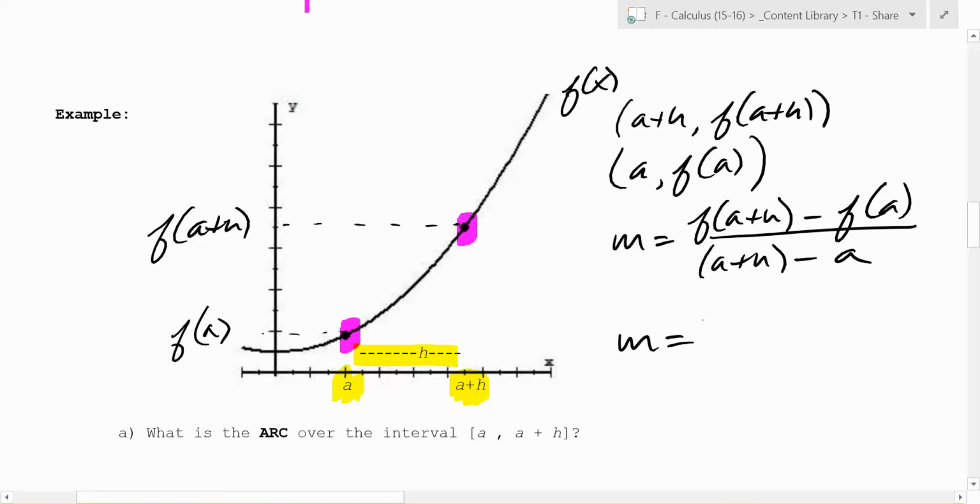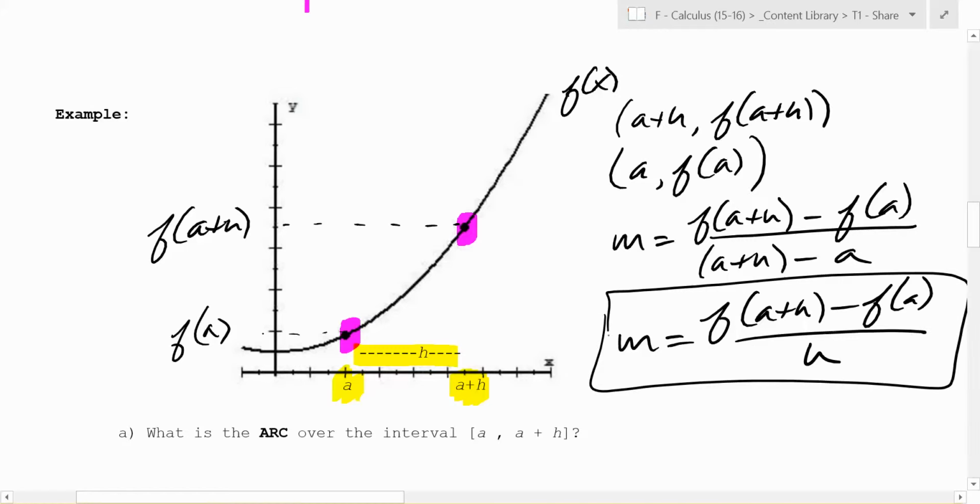So m is equal to f of a plus h minus f of a over h. This right here is something you're going to see over and over again. This represents the average rate of change between any 2 points, where you have an a and a distance h forward.